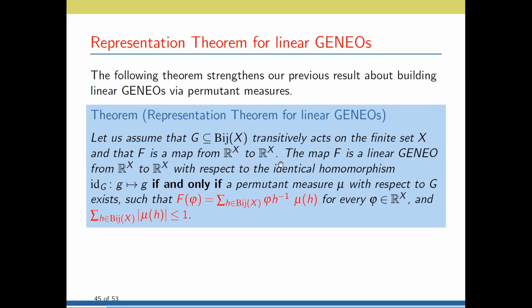We can say that the map f is a linear GENEO from R^X to R^X with respect to the identical homomorphism if and only if a permuted measure mu with respect to G exists such that f can be represented by this summation for every phi, and the total mass of the permuted measure is less than or equal to 1.